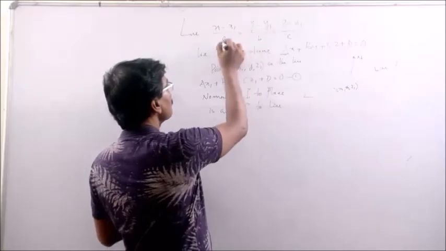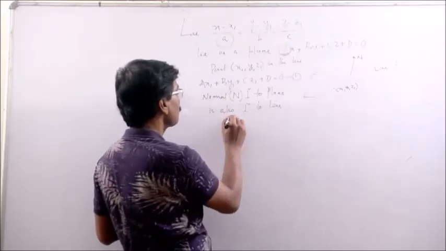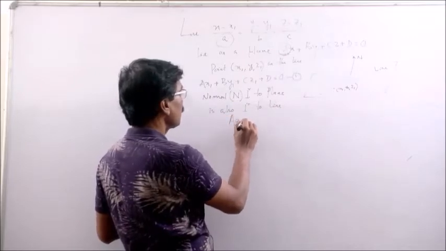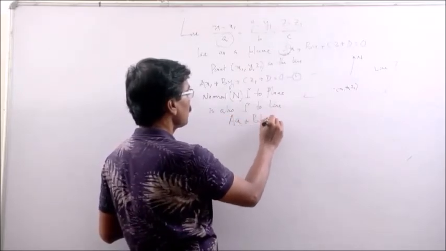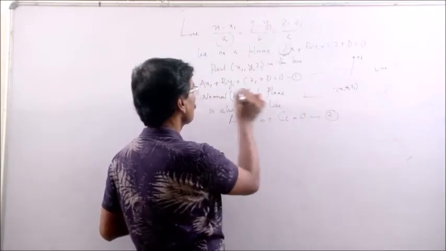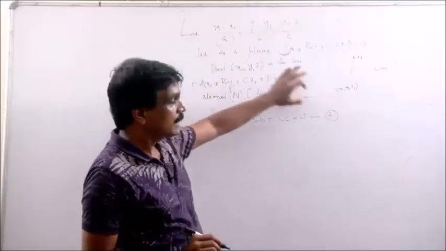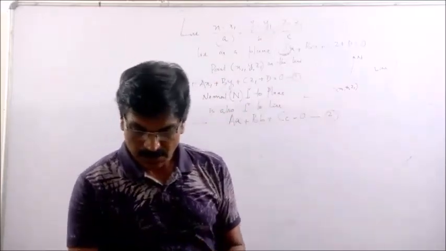So this implies the product of direction ratios is equal to 0: a a1 + b b1 + c c1 = 0. So this is condition 2. So these two conditions are necessary for a line to lie on the plane.